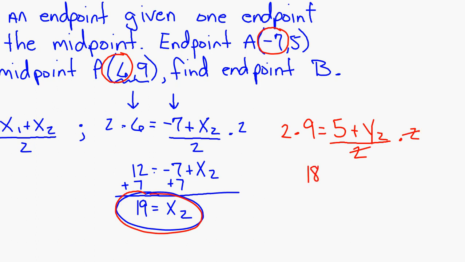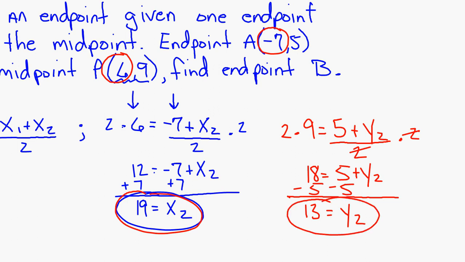So 18 equals 5 plus y sub 2. And subtract 5 from each side. And 13 equals your y sub 2, which is your other endpoint. So point B is going to be located at 19, 13.